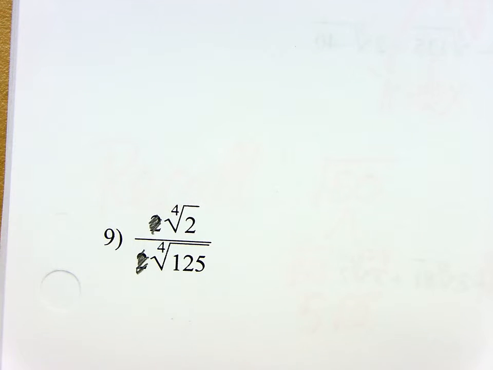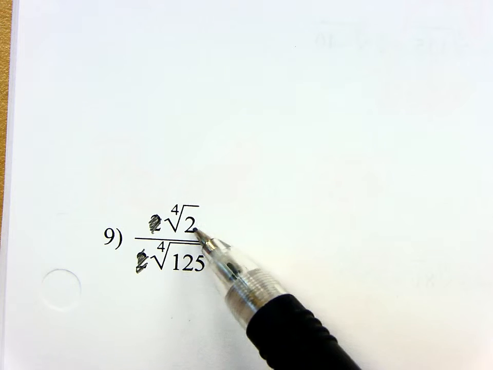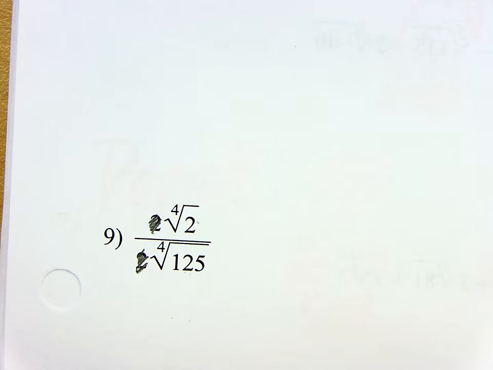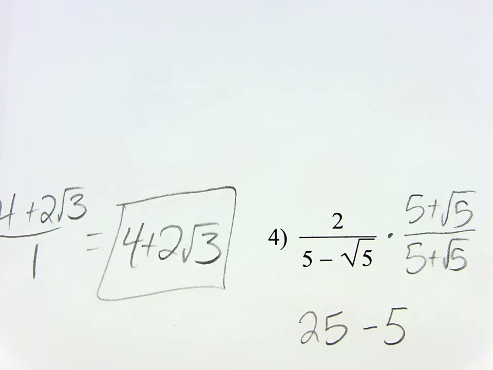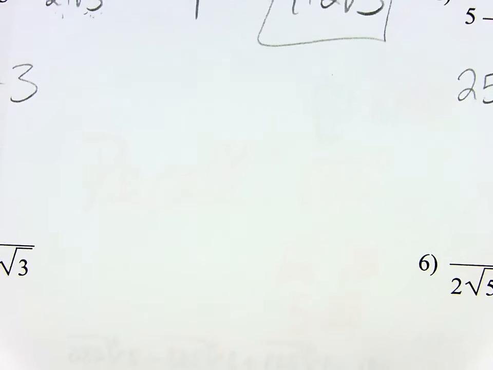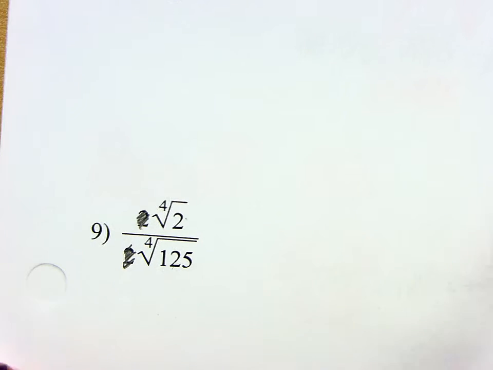They just reduce to be 1 over 1. So that'll be easier to deal with. Unfortunately, I can't reduce 2 over 125. I should ask myself, is 125 a perfect fourth? Because that could save us a lot of trouble. Nope. Oh well, too bad, so sad.